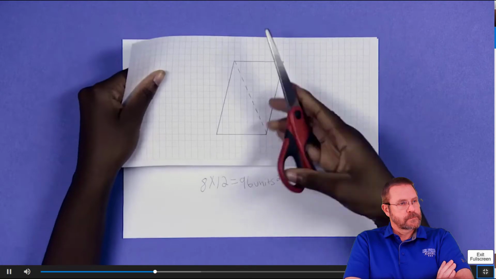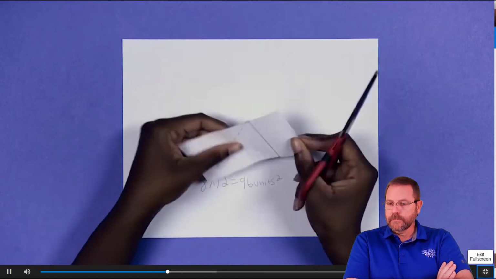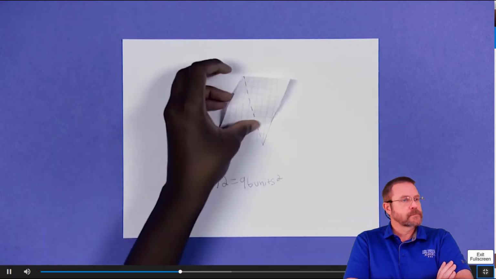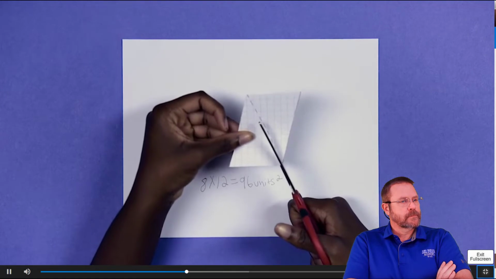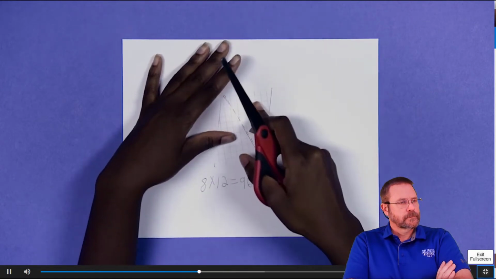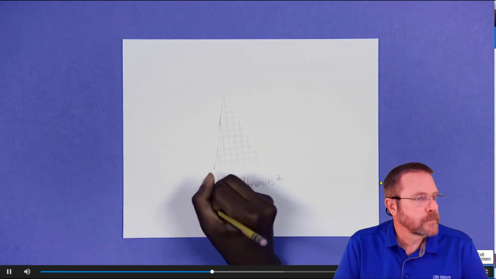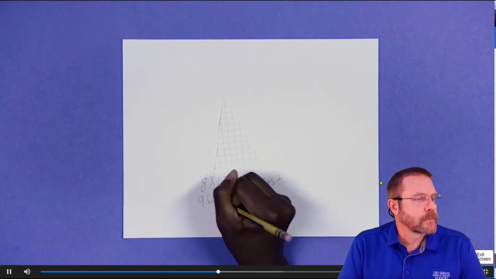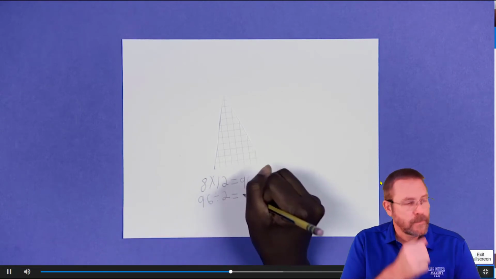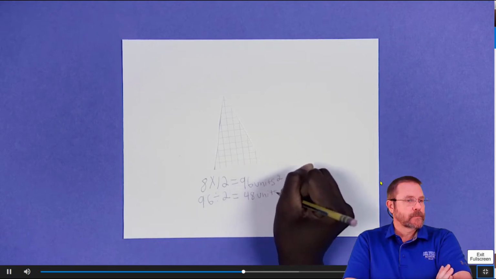Cut out the parallelogram. Cut along the dotted line to make two separate triangles. The area of one triangle is half the area of the parallelogram. So the area of the triangle is 96 divided by 2, or 48 square units.